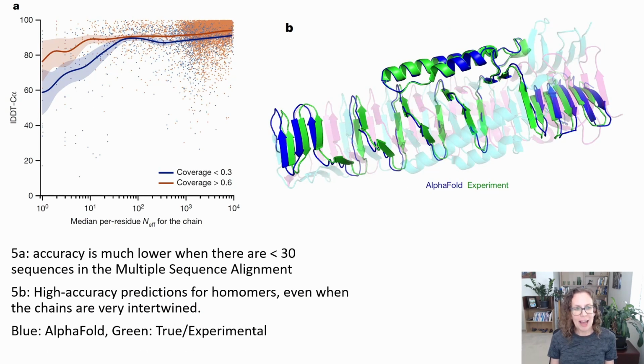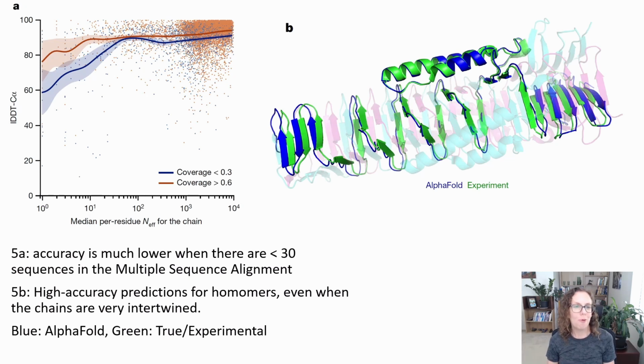Then figure 5, this is, I think, a really interesting point, and this is part of the discussion. But they found that accuracy was much lower when there are less than 30 sequences in the multiple sequence alignment. So being able to find other sequences, even if they're not closely related, but that have some relationship, is really, really crucial. And otherwise, it does hurt the accuracy.